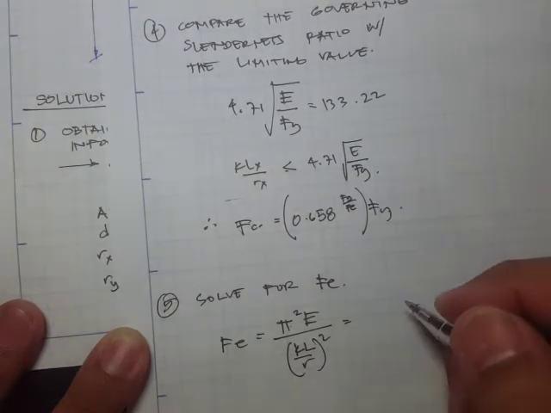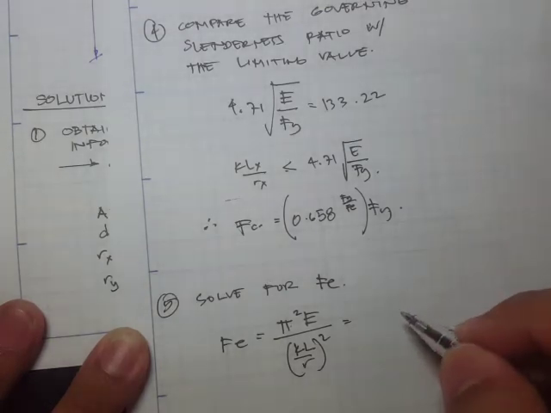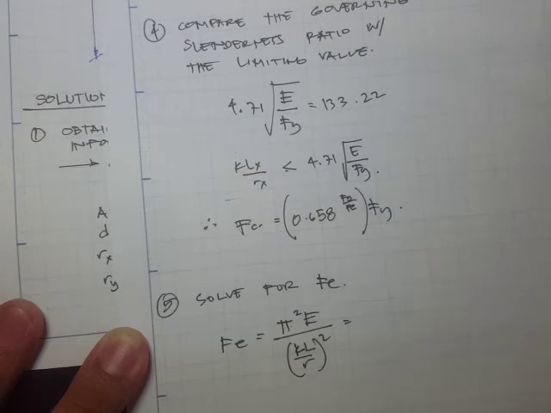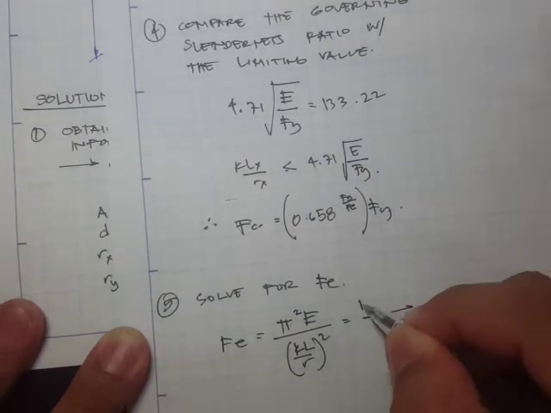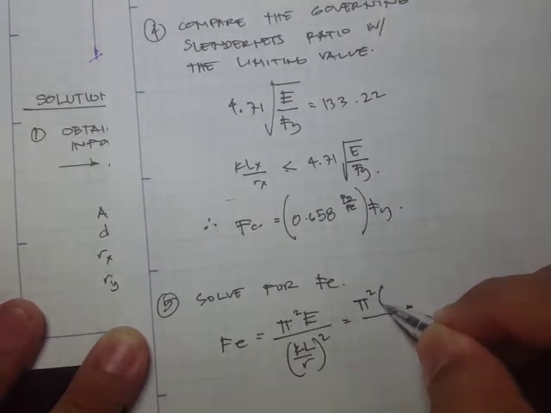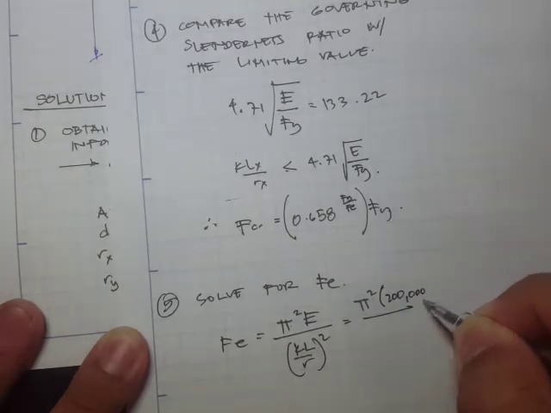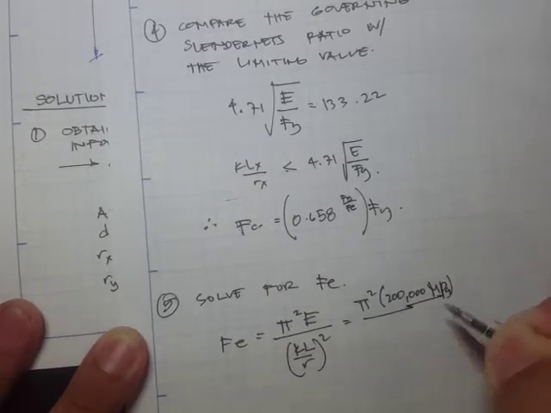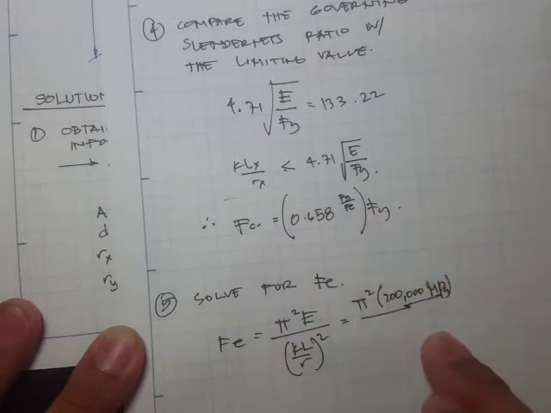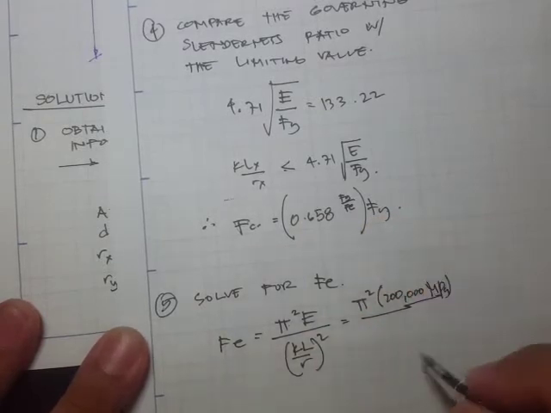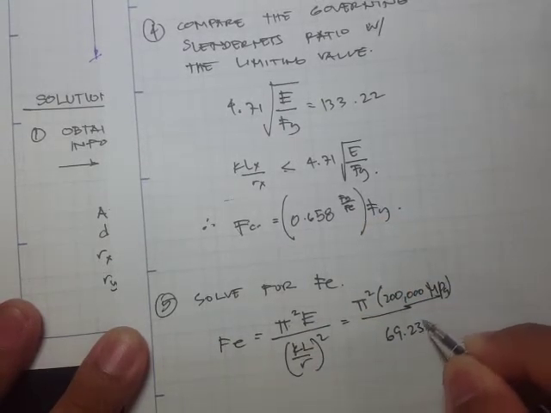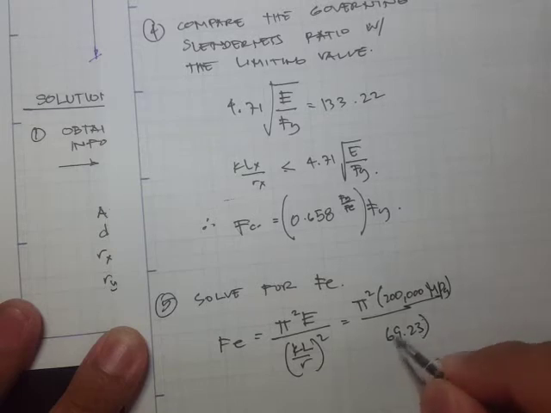Okay, so we'll write it down, pi squared, and then this one is 200,000, that's megapascals. And this one is 69.23 squared.